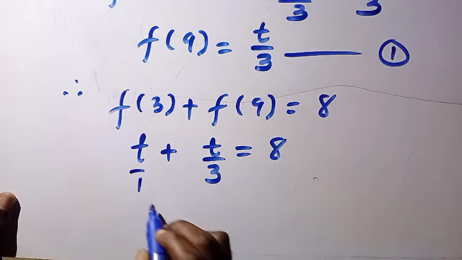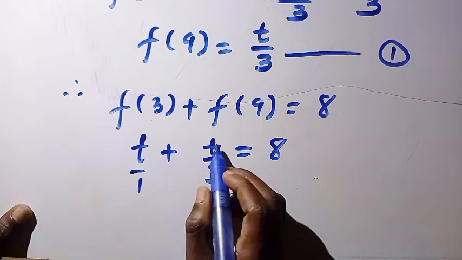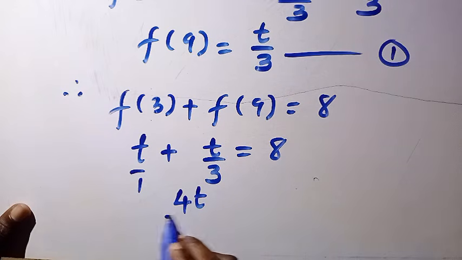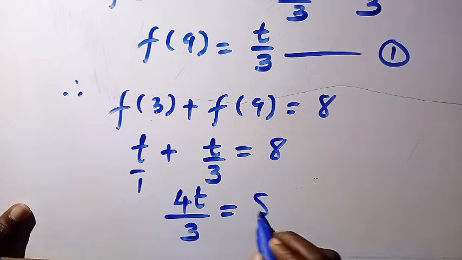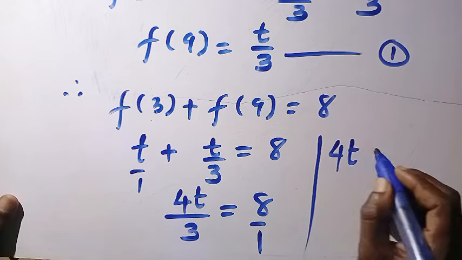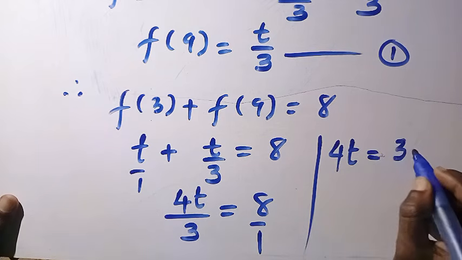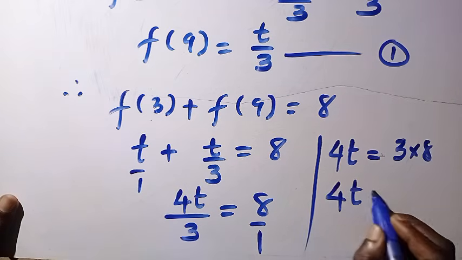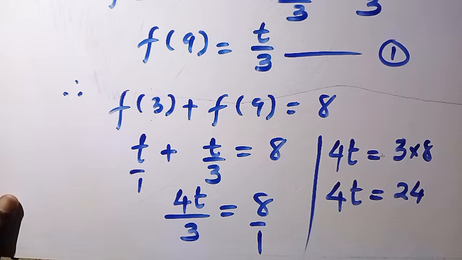So let's find the LCM. t plus t over 3 gives us 4t divided by 3, which equals 8 over 1. To get the value of t, we cross multiply. If you multiply 3 by 8, we have 4t equals 3 multiplied by 8, so 4t equals 24.